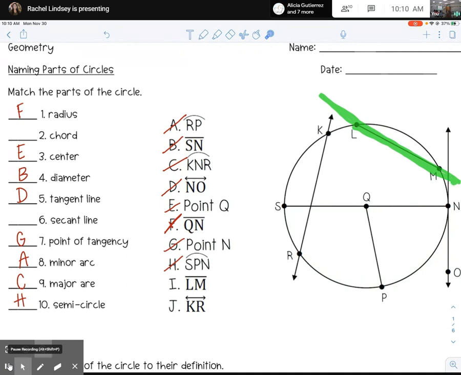But since it stops on the circle, it's just a chord. And then K to R, see how it extends out? That will be a secant. So make sure you got those.